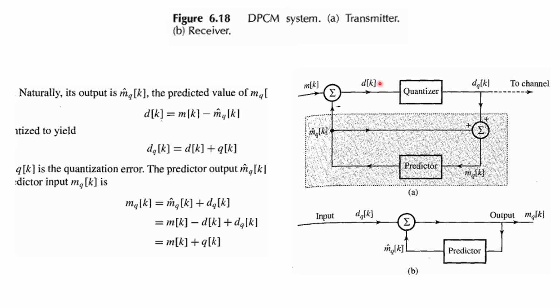So m k is there, the quantizer is there, and you take the difference, and whatever difference you are sending, you can just detect and keep on adding to the previous signal. So no need to send all the information. You can just add the one difference and send that information based on the prediction, right? So instead of sending the entire m k, you are just sending the difference. So you are in a loop, and you will keep on sending the difference, right?